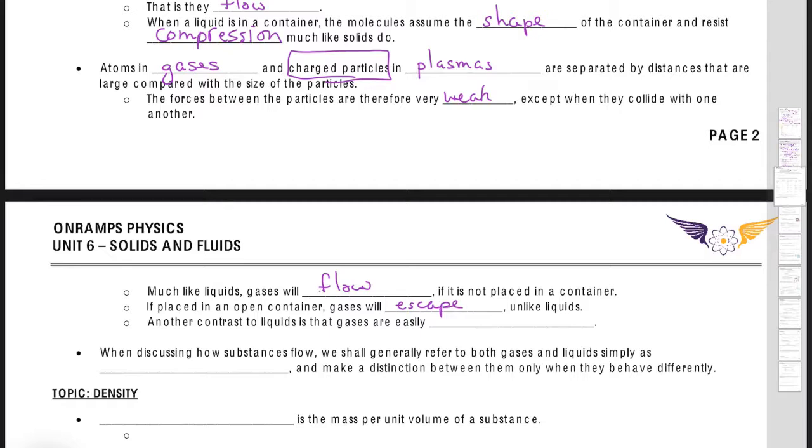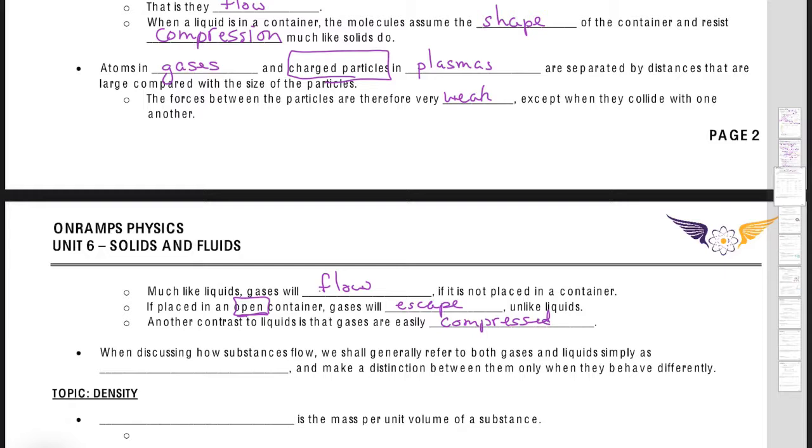Even though they both can flow, they will escape unless you put a lid on the container, right? So it says if placed in an open container. Now, if it's placed in a closed container, they're not going to escape.